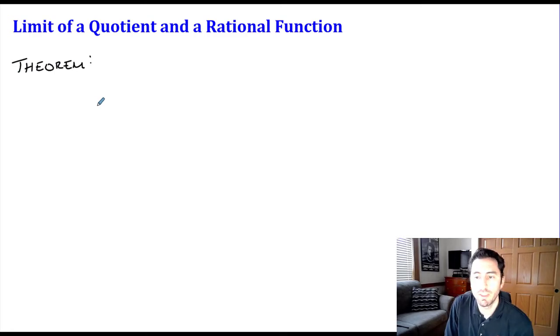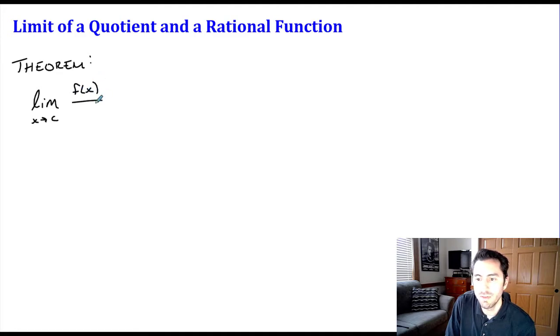So the first thing is, let's say we are looking at the limit of a couple functions that are being divided. So the limit as x approaches c of f of x divided by a second function g of x. Now, when I'm looking at this, the first thing we need to know is both of these two functions, each of their own individual limits need to exist.